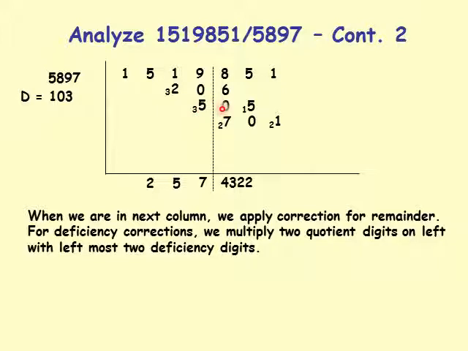This 5 and 0 and 15 are corrections due to deficiency. For deficiency correction, we multiply two quotient digits, this 2 and a 5. We are in this column here, there are two digits to the left, 2 and a 5, and we multiply those with the two deficiency digits, 1 and 0.